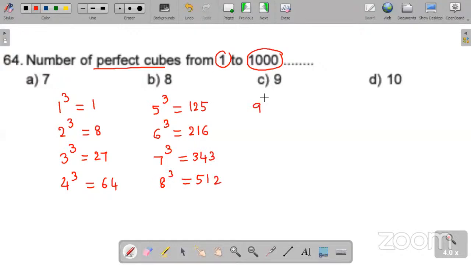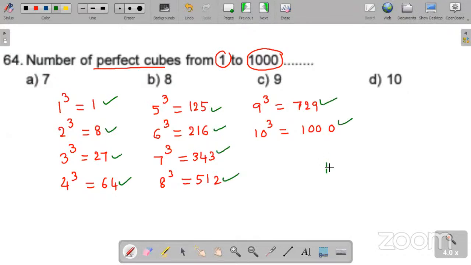So 9 cube is equal to how much you'll be getting? 9 cube is 729. 10 cube is 10 into 10 into 10, 1000. That means the number of perfect cubes from 1 to 1000 is, just count 1, 2, 3, 4, 5, 6, 7, 8, 9, 10. So the answer is 10.